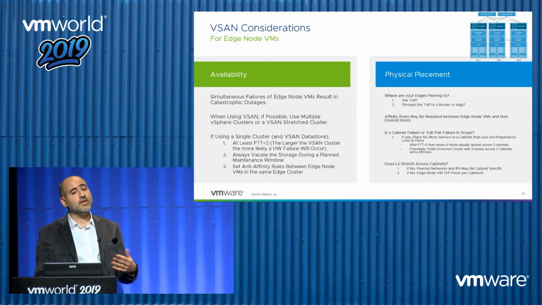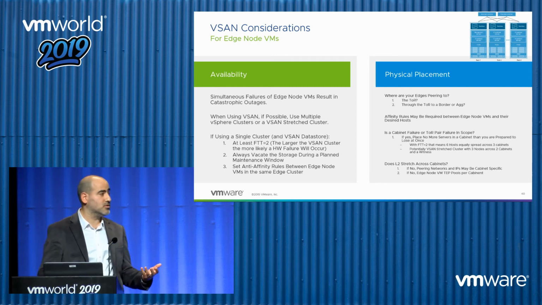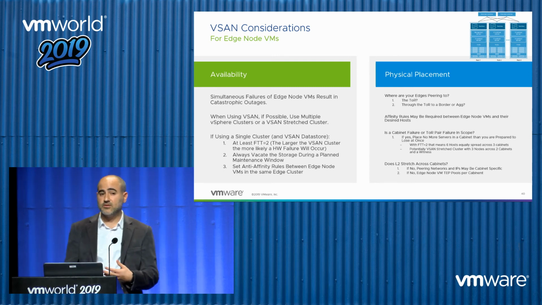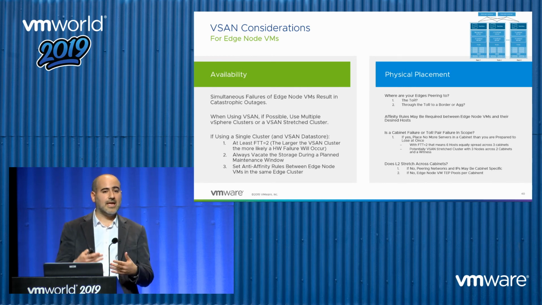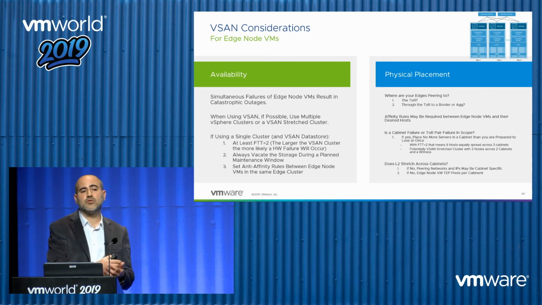So when it comes to edge node VMs on top of a vSAN storage layer, what you need to take into account is those failure domains that Amit recently mentioned. You would want to align your storage layer's failure domains to the edge node failure domains.